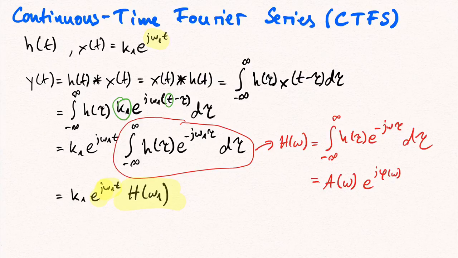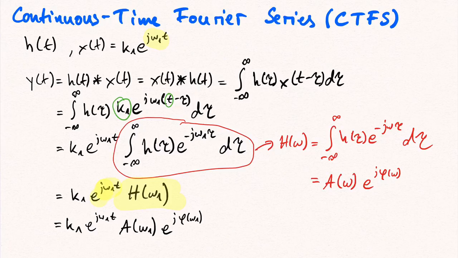With this reformulation, y of t is equal to k1 e to the j omega 1 t times the magnitude of H of omega 1, which is A of omega 1, times e to the j and the angle for omega 1, which is phi of omega 1.